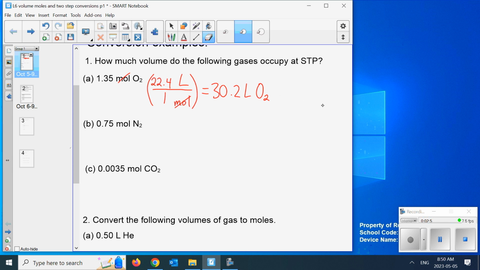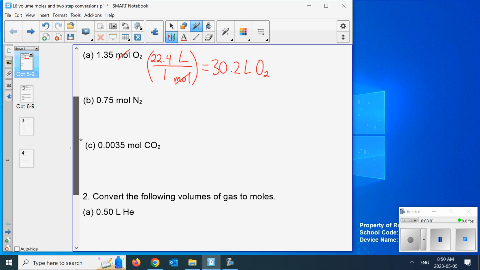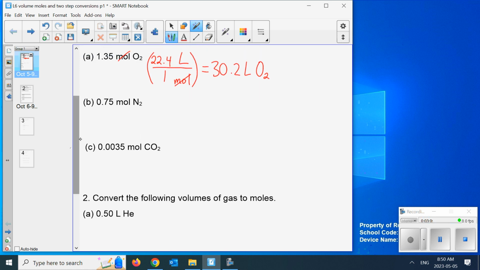That's what we need. The other two, because they're both starting with moles, it's going to be the exact same fraction beside it when you multiply. So I'm going to do 2a, and I'll rip through this kind of fast. 2a, convert the following volumes, so liters, of gas to moles.